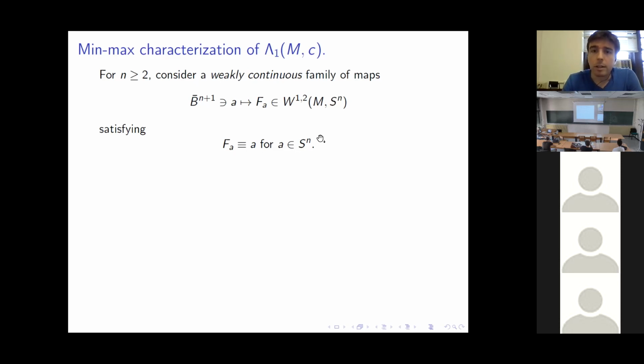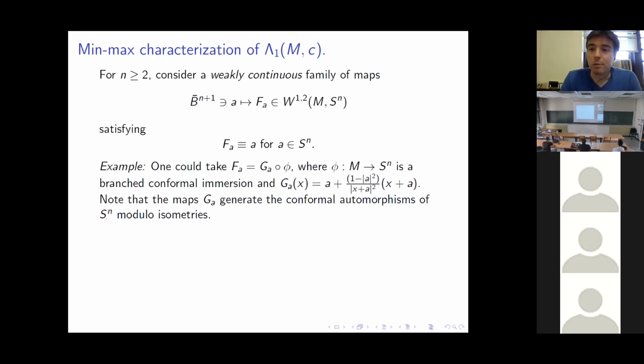So in particular, as an exercise, if we required that this were continuous, say as a map to C^0, then no such family could exist. And if we required that it were strongly continuous into W^{1,2}, a harder exercise would be to show that again no such family exists. So what's an example, since I just told you that if we put too many continuity constraints these guys don't exist?